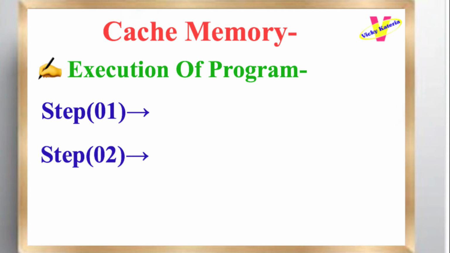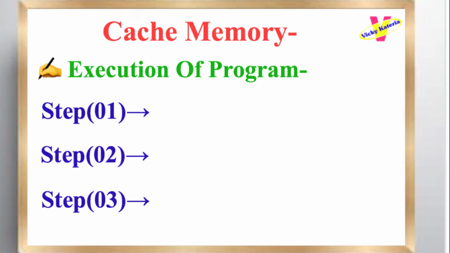Case 1. If the required word is found in the cache memory, the word is delivered to the CPU. This is known as cache hit. Case 2. If the required word is not found in the cache memory, step 3 is followed. This is known as cache miss.